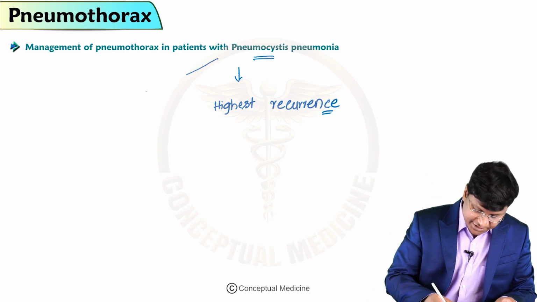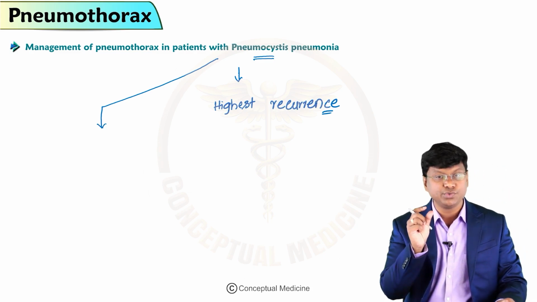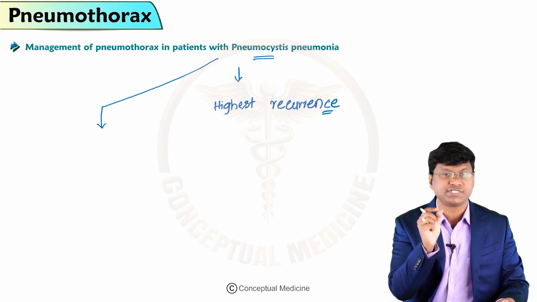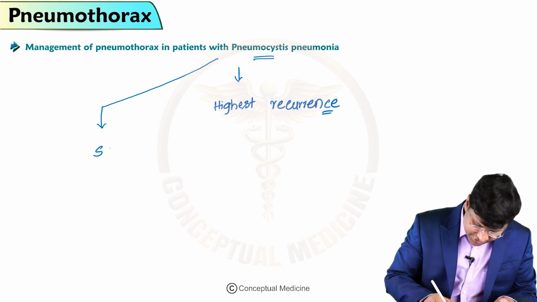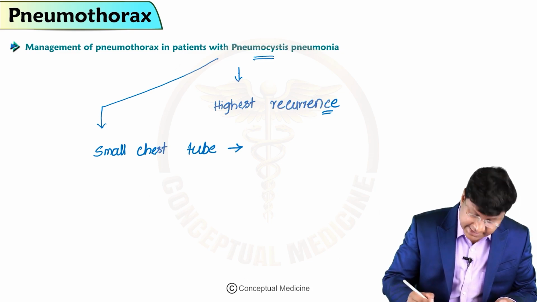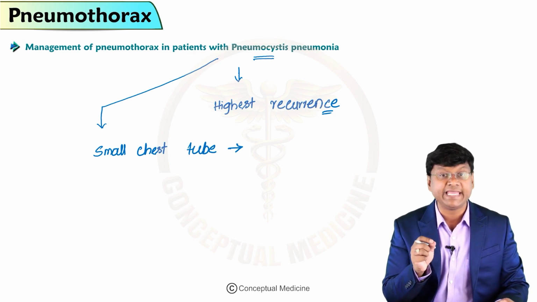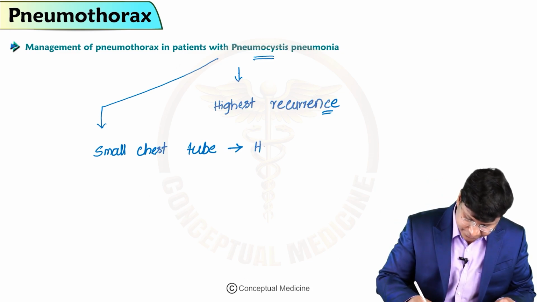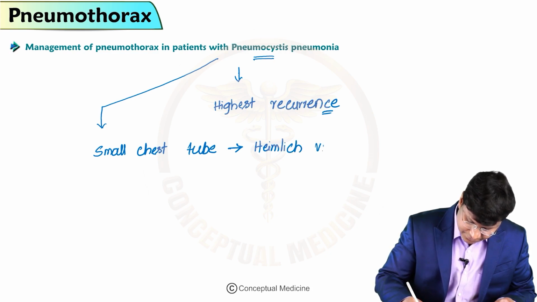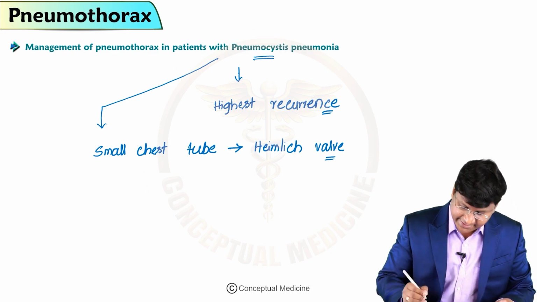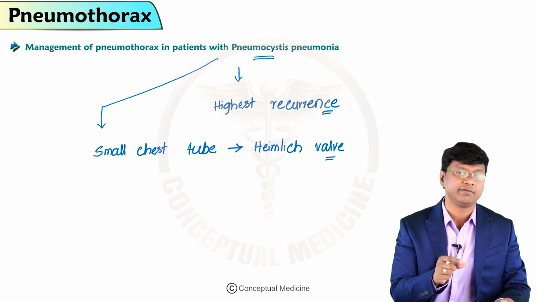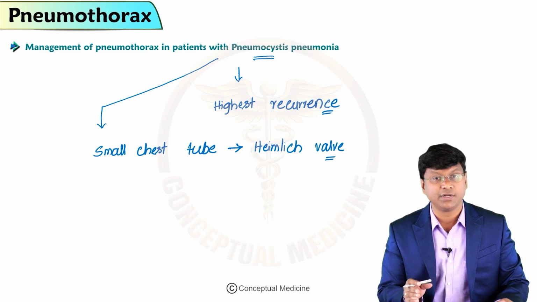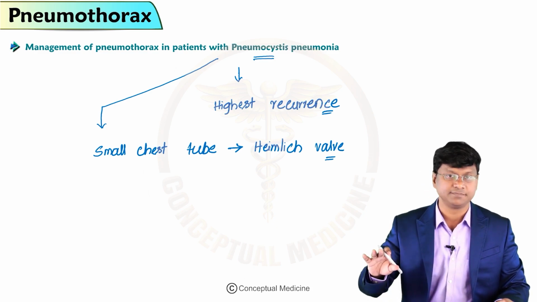So, in these patients, what you need to do is use a small chest tube, right? A small chest tube that is attached to a Heimlich valve, that has been proposed to allow the patient to leave the hospital.